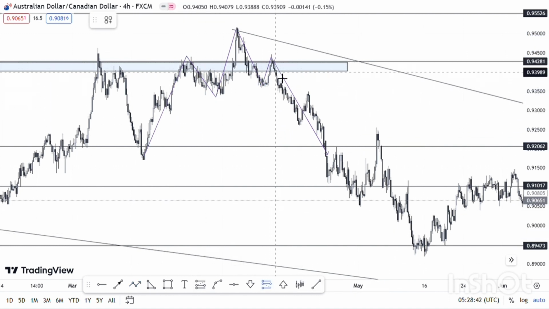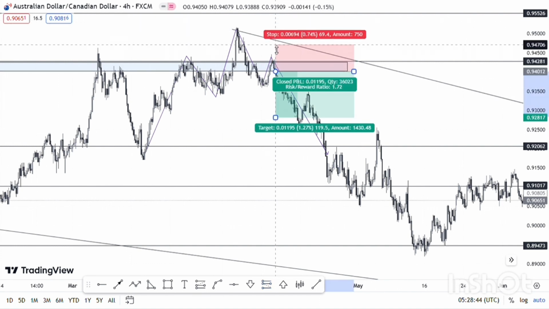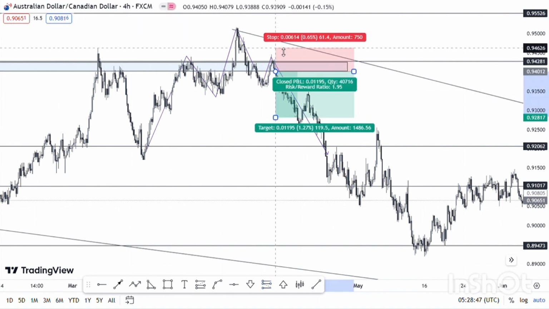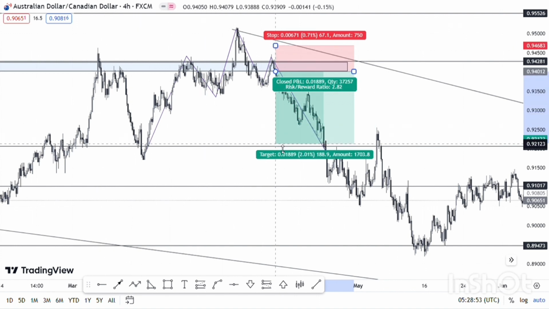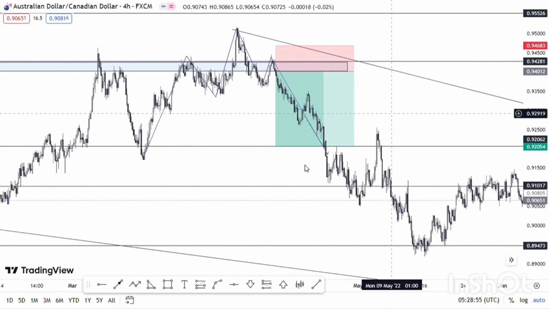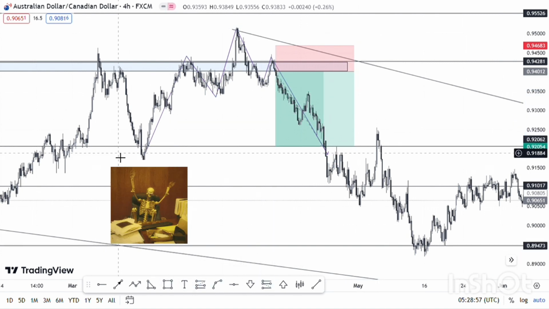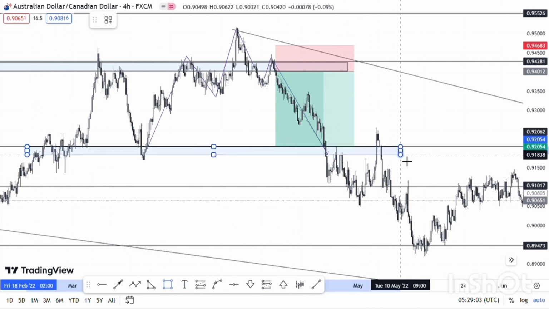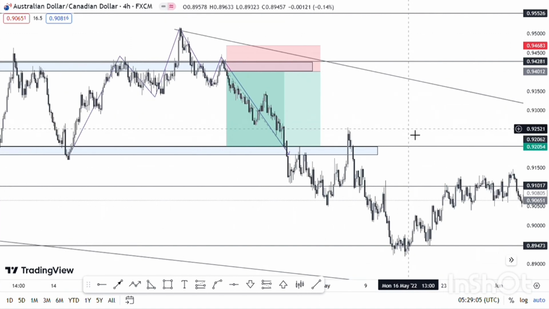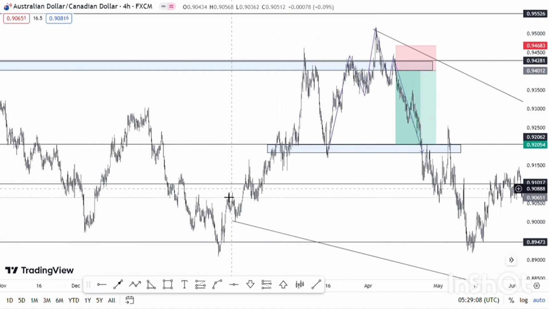And then here I was going to enter a sell trade, stop loss around this week, and my last TP was going to be at this zone right here, because this is our support.